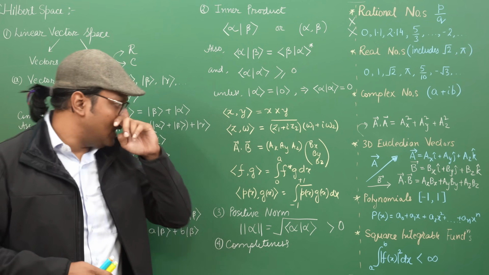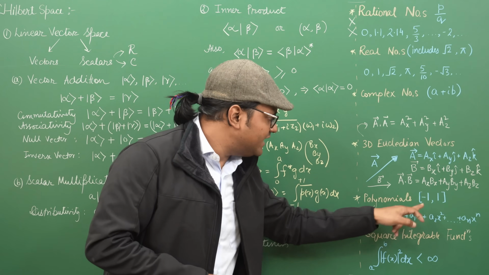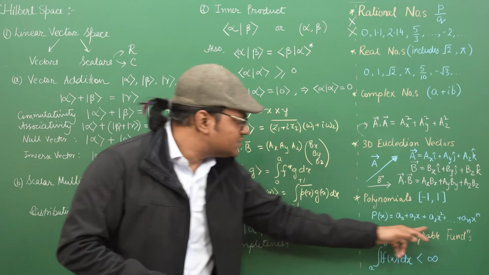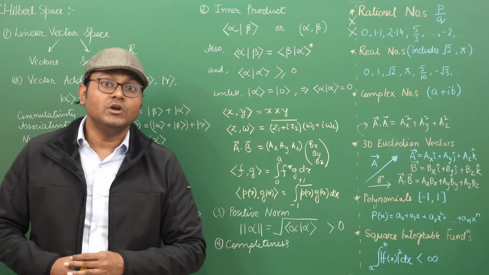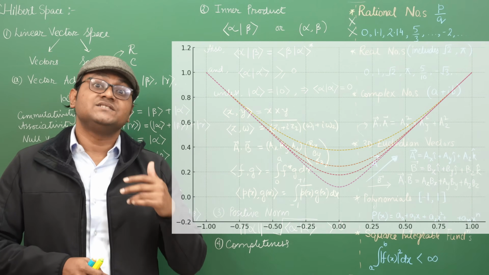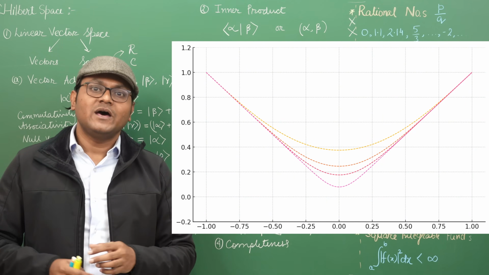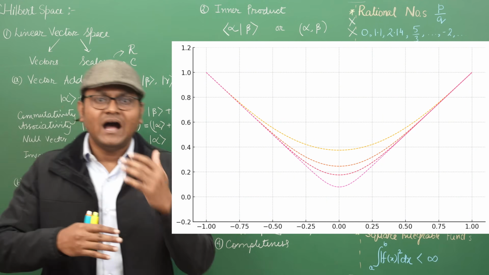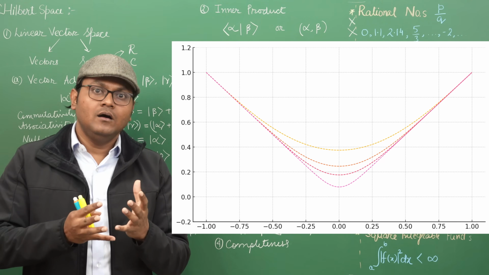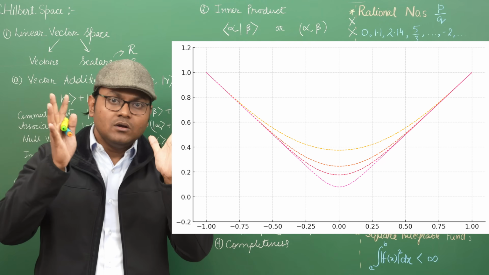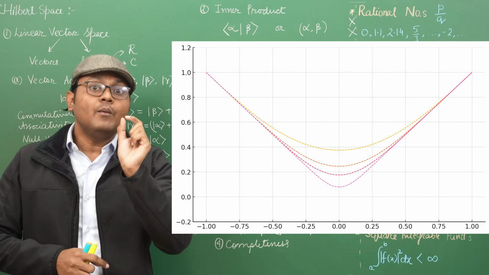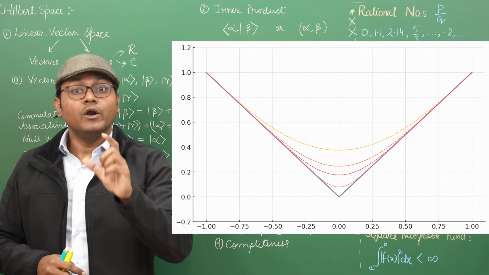I'm going to use another example now. The example of polynomials in a given space of -1 to +1. Now, I just mentioned that polynomials are essentially written in this particular manner, right? And we can always represent polynomials as curves in a given space. Now, let's say I take a parabola, which is essentially x squared, right? You know what an x squared parabola looks like. But what if I take higher terms and add those higher terms to x squared so that this parabolic curve becomes more and more sharp at the edges so that it finally approaches the mod function?